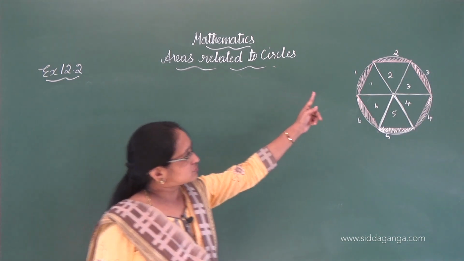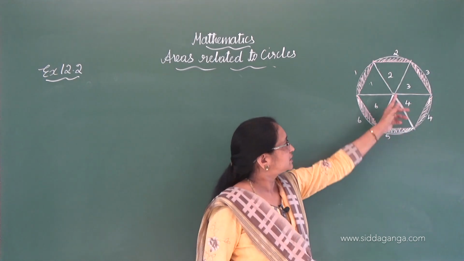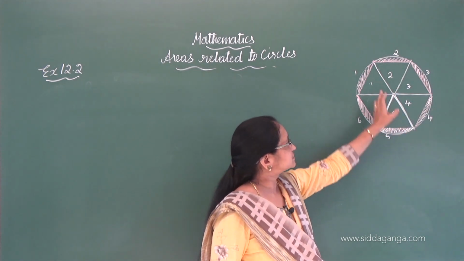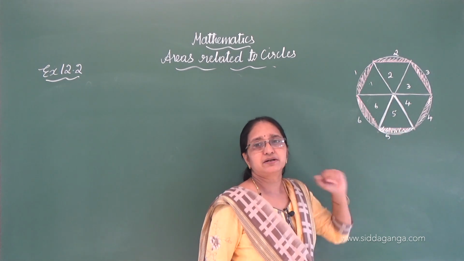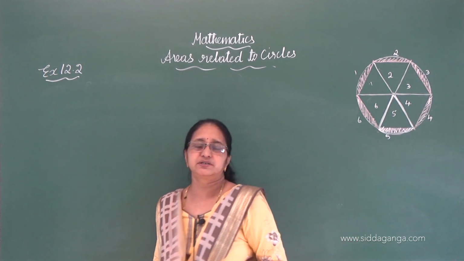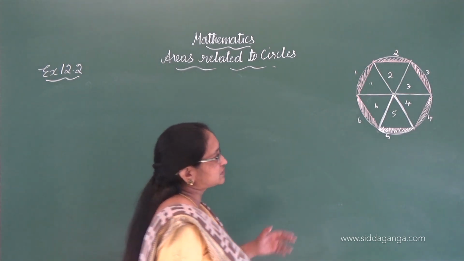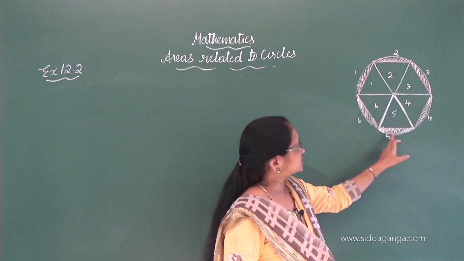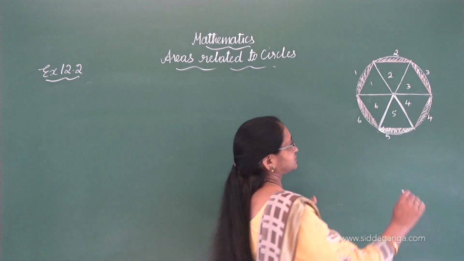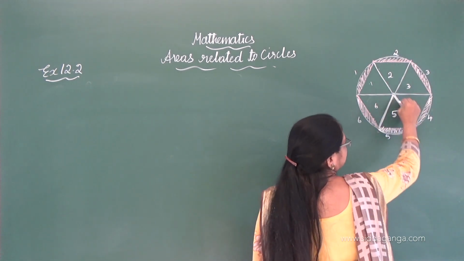When you draw the triangle, you can identify easily that this is a part of a sector. This is a sector and this is a segment. And of course, you have learnt in the previous sums how to find the area of the segment by using the area of the sector. Just concentrate only on this piece.